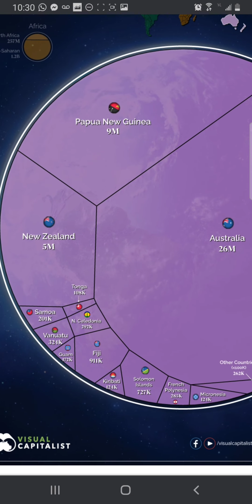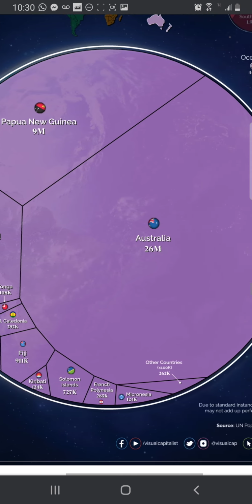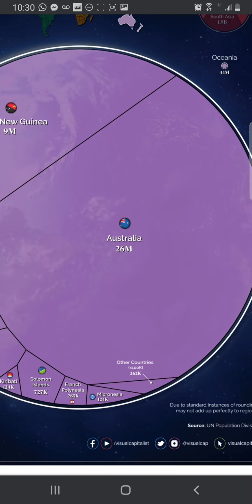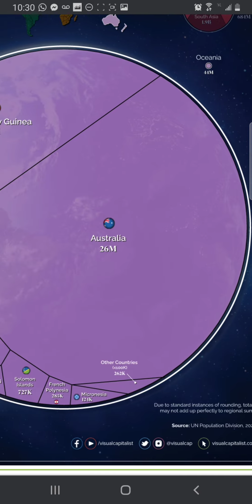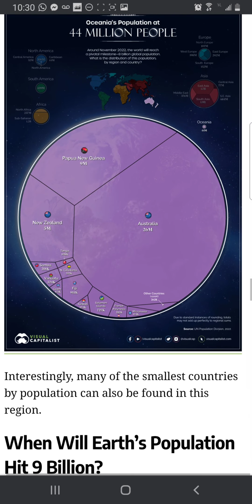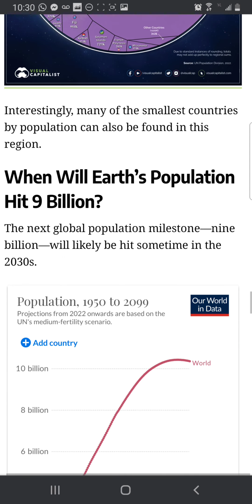New Zealand, Papua New Guinea, Fiji down at the bottom there, Solomon, French, Micronesia, and then Australia, of course, the big space there. Zooming out. Interestingly, many of the small countries by population can also be found in this region.